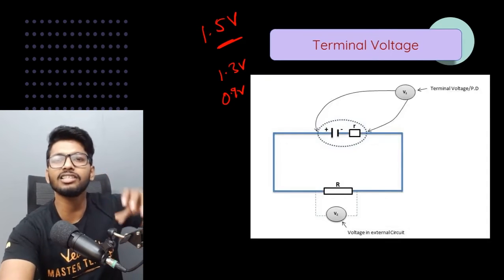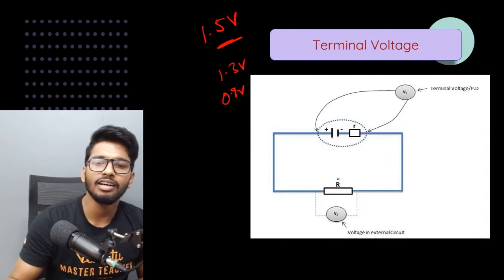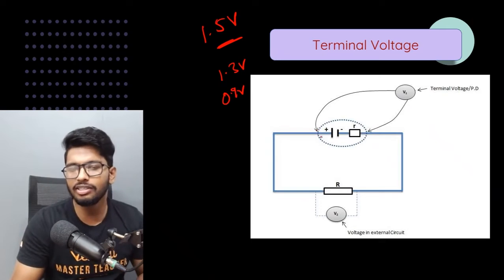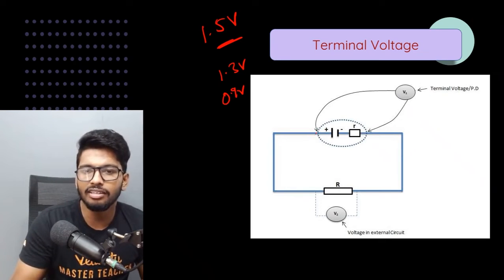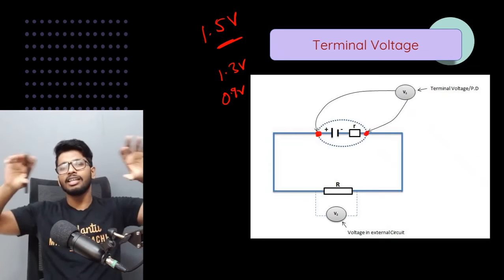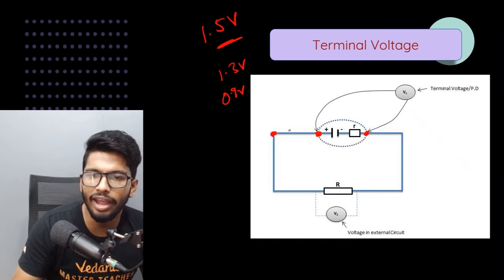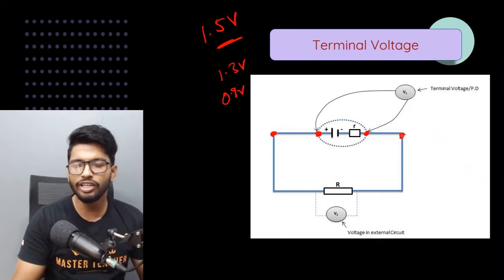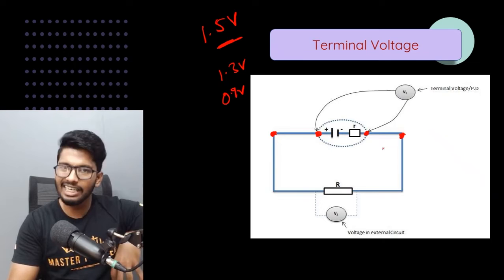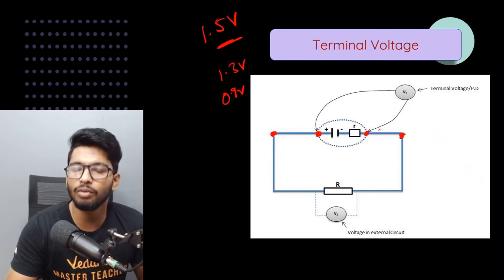What you actually get is the terminal voltage. So when you connect that battery to the circuit, the voltage across the terminals, the voltage across the battery, is what is called the terminal voltage. Generally, we measure it at two ends. This would give you the terminal voltage, which would be a little lesser than what the company had promised.